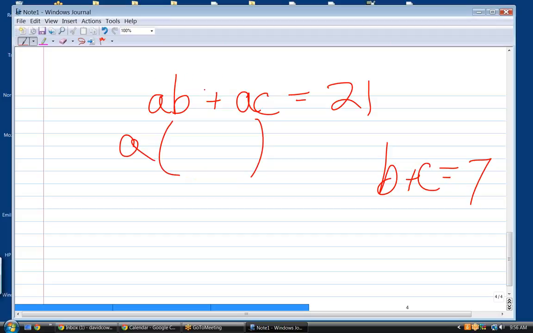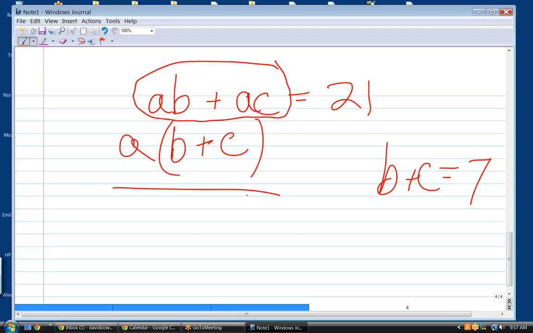When you factor a greatest common factor out, always make sure that what's left over, when you put it back together again, you get what you started with. Well, we started with that. Is what I wrote the same thing? Yeah, it is.